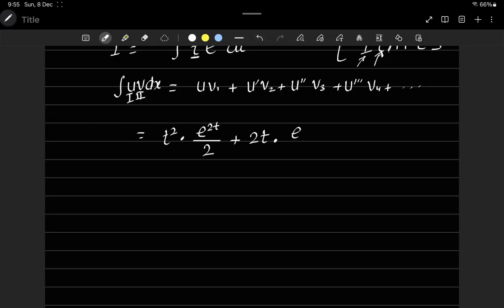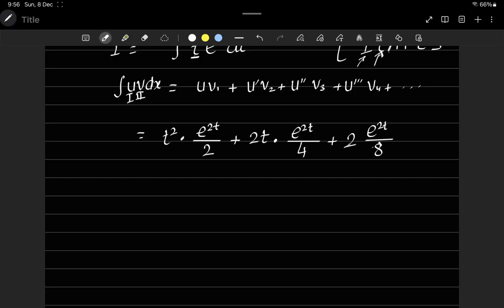Integrating this quantity again, we get e to the power 2t divided by 2 into 2, so the denominator becomes 4. Again u double dash is the differential of this quantity, which is 2, and v3 is the integral of the previous quantity, which is e to the power 2t divided by 8.